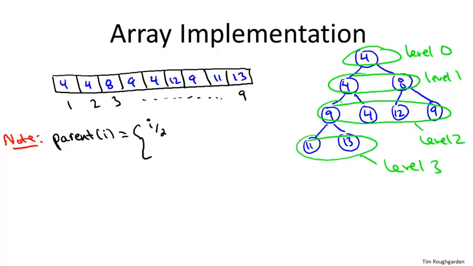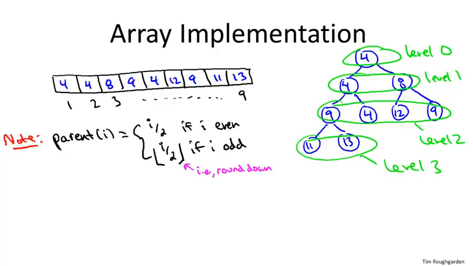And if i is odd, then it's going to be i over 2. Okay, that's a fraction. So we take the floor. That is, we round down to the nearest integer if i is odd. So, for example, the objects in positions 2 and 3 have as their parent the object in position 1. Those in 4 and 5 have the one in position 2 as its parent. 6 and 7 have as their parent the object in position 3, and so on.